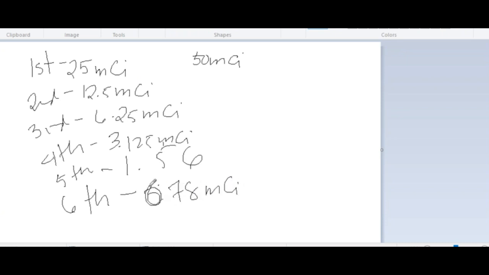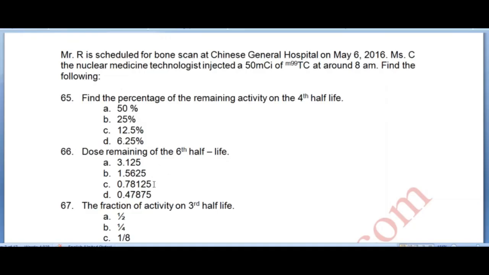This is our sixth half-life. Going back to our previous screen, 0.78 is the answer, so letter C for number 66.